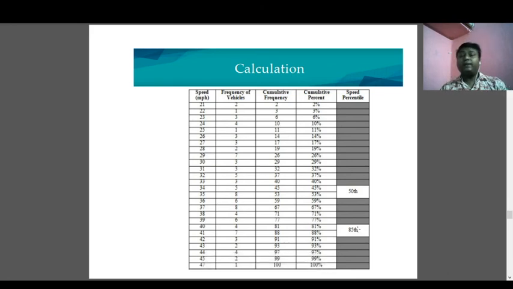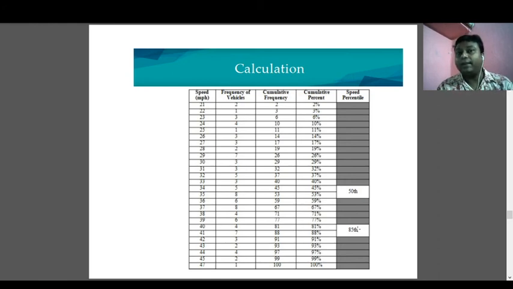So you have to find the percentile speed they are asking for, whether they are asking for the 15 percentile, the 50 percentile, the 85th percentile, or the 98 percentile. But keep in mind that for design, the 98 percentile speed is to be considered as per IRC guideline. The 98 percentile speed means you can imagine the accuracy level: 98% of the vehicles are moving within that speed range.